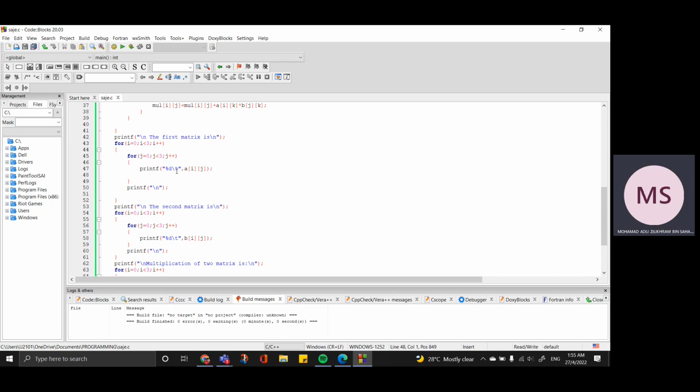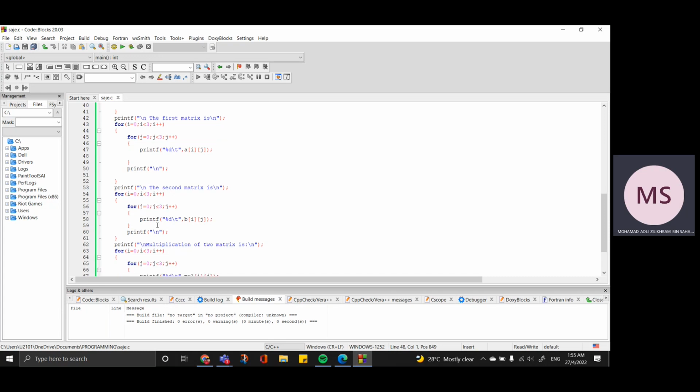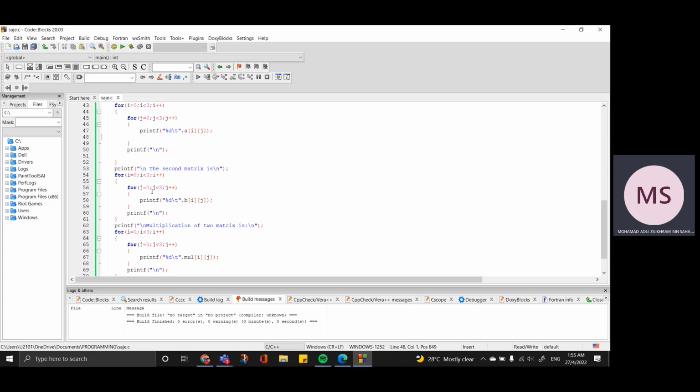We put a instead of b because a is for the first matrix. And then printf \n to give space between the first and second matrix. For the second matrix, the technique is the same as the first matrix: I put the title, the second matrix is what?